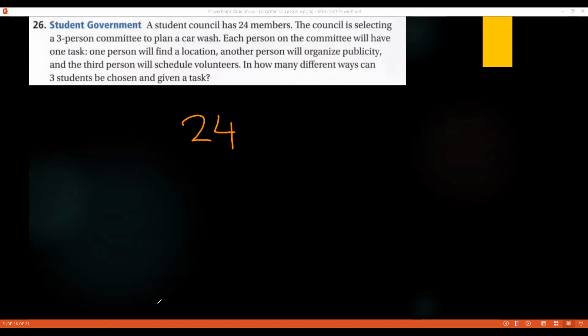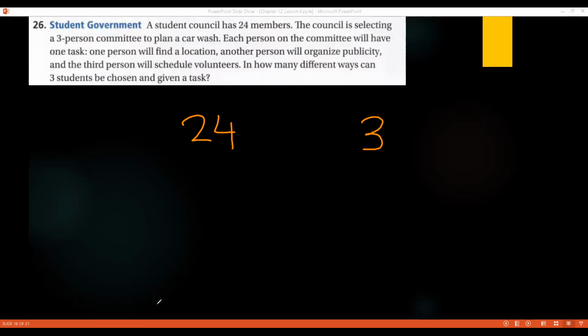Then you want to select 3 persons to plan a car wash. So how many persons do you want to select? 3. Now, by now I get that I'm talking about 24 students and I want to select 3 of them.